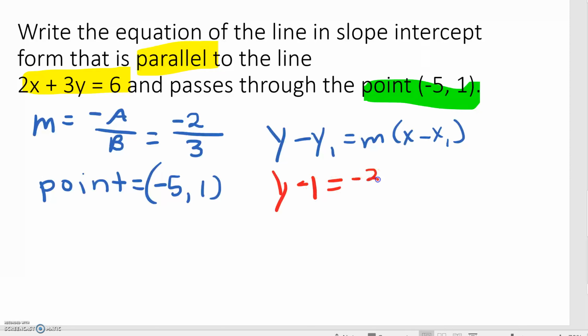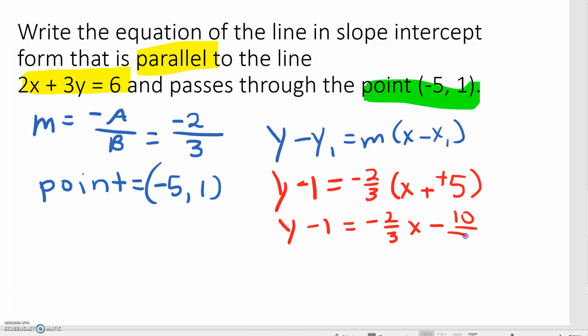Our slope is -2/3. x minus -5. Minus a negative, we'll change to plus a positive. y minus 1 is equal to -2/3 x minus 10/3. I need to add 1 to both sides to write it in slope-intercept form.